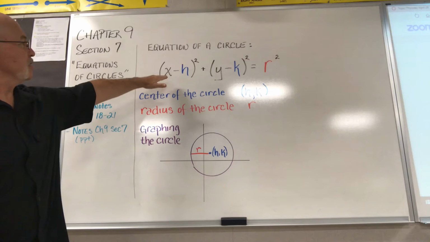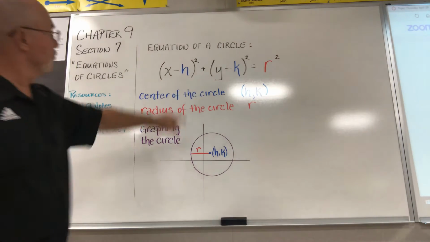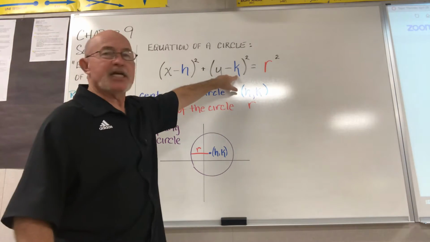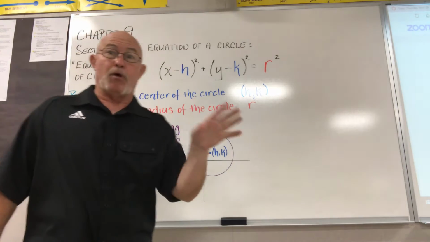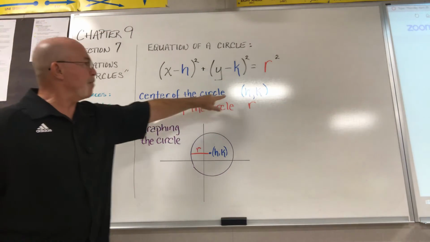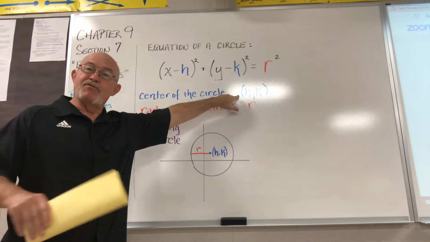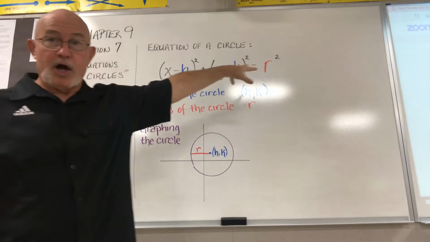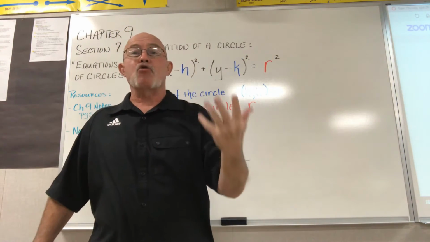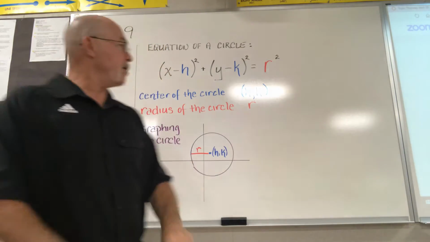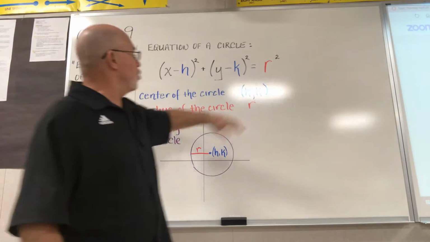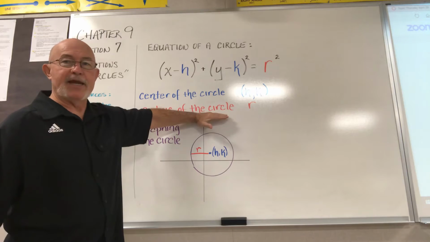The equation that you see right here, if you look at the H and the K, yes, they're in different colors for a reason, because those represent the center of the circle. Yes, X and Y in the center. We are talking about graphing here. Equals R squared. The R is the radius.